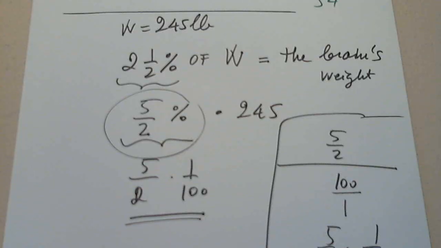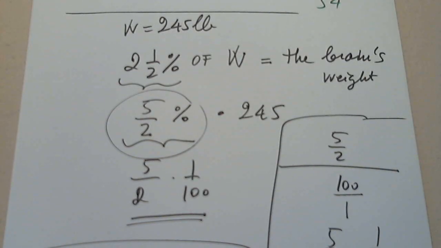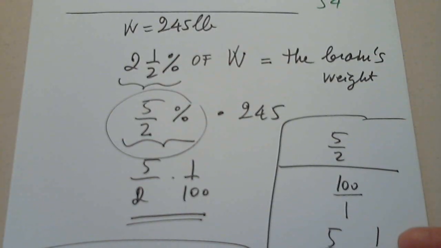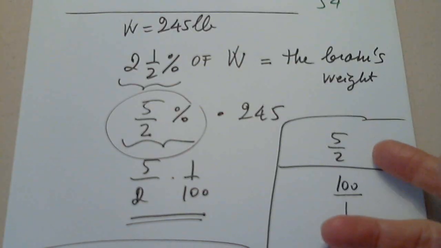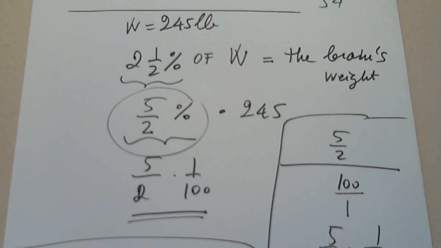Does it make sense? Yes or no? Yes. But do we understand why? Because when I divide by 100, I have to flip. I copy the fraction from the top and flip the denominator. So division by 100 is the same as multiplication by 1 over 100.